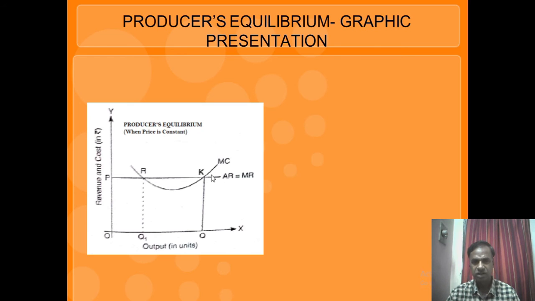That's why he will not continue the production. He will stop the production at OQ. There the producer will get maximum profit. That's why K is the equilibrium point where the two conditions are met. Here MR is equal to MC and MC is rising.